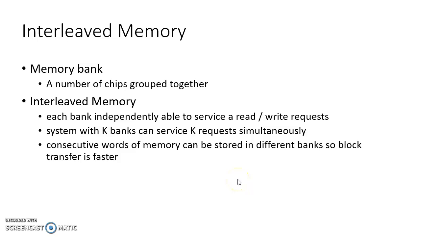This way, if a block of memory needs to be written or read, those reads and writes can occur simultaneously if the number of bytes across the number of banks that we have matches the block size that is being read. That's interleaved memory. Okay.